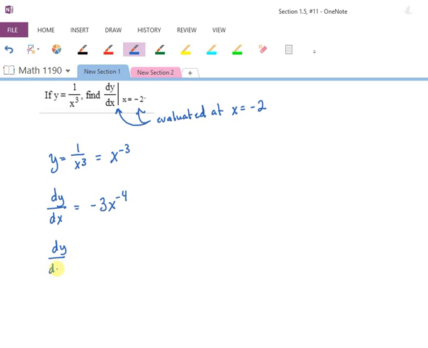So dy/dx evaluated at x equals -2 just means I plug in a -2 for x. So that's -3 over (-2) to the 4th, which is -3 over 16.